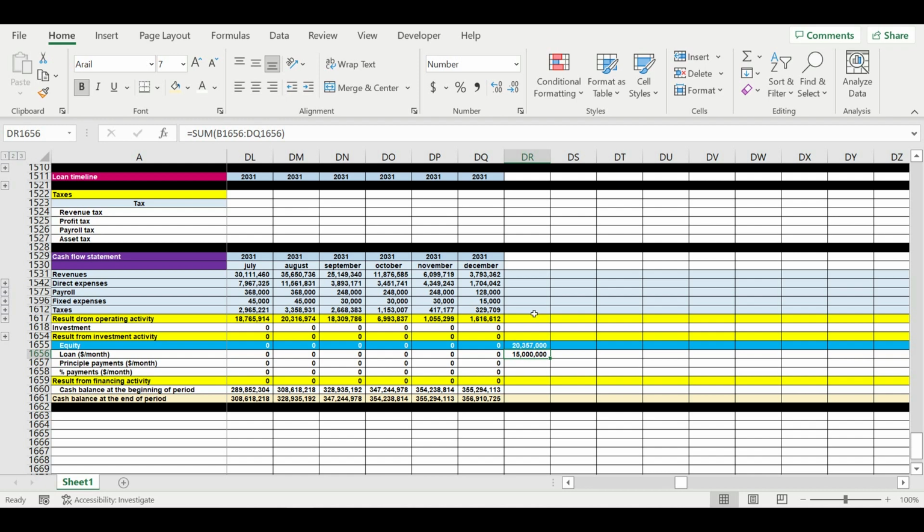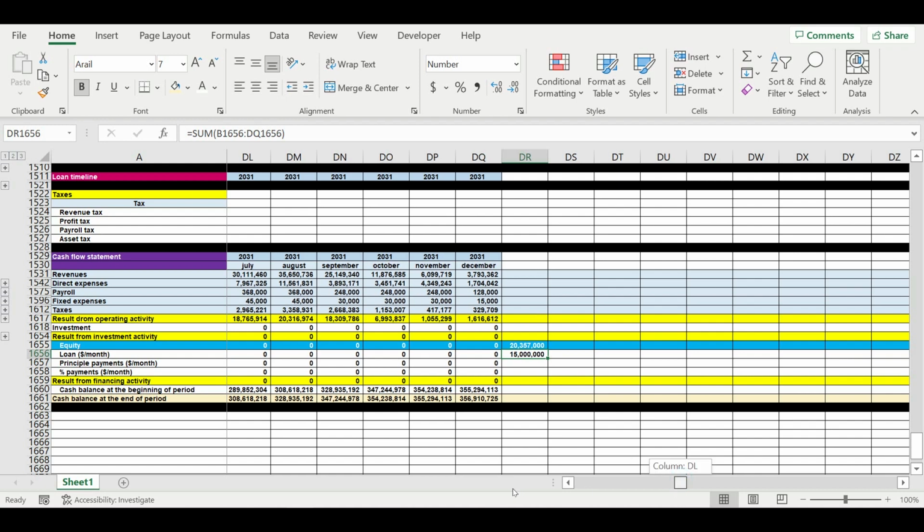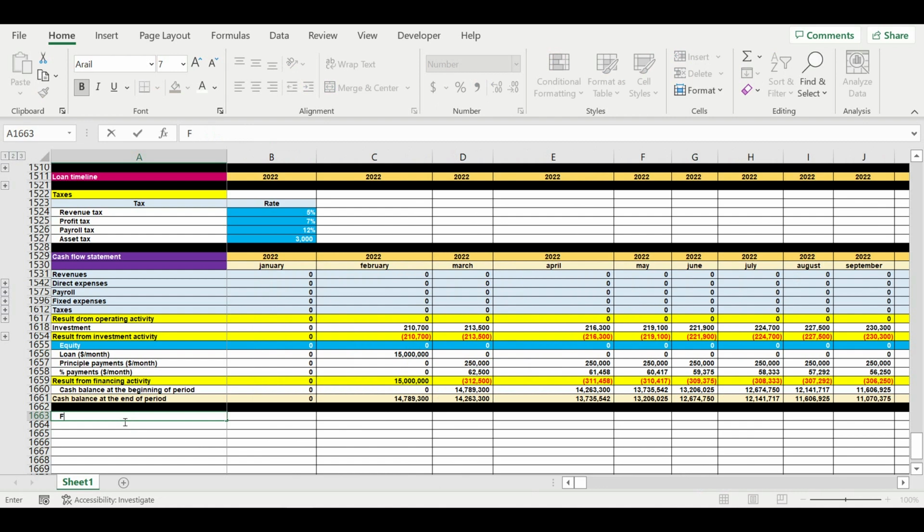And we can create a very simple table. Financing type: equity, loan, total, and value.